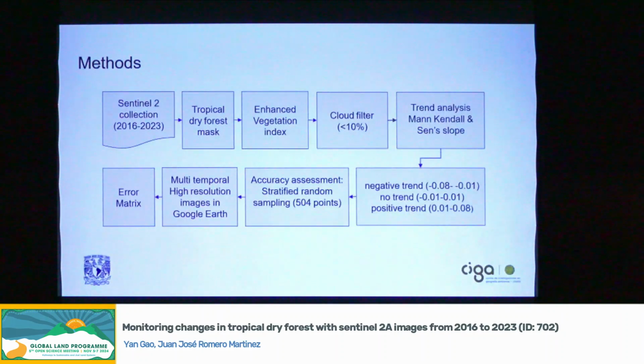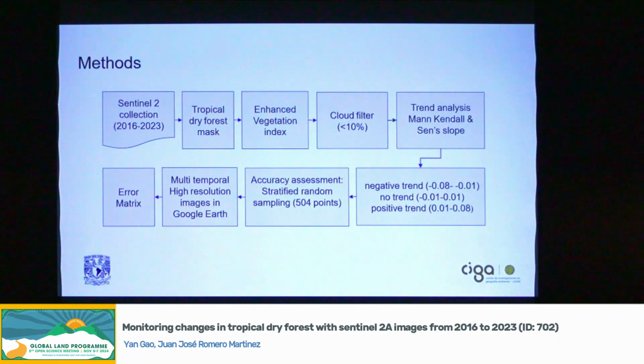I'm not sure this is a slide I'm familiar with, but anyway, here is the method flow. Sentinel-2 optical data were collected during this period. First, a forest mask for tropical dry forest was applied. Then the enhanced vegetation index was extracted from that time series and went through a quality filter.